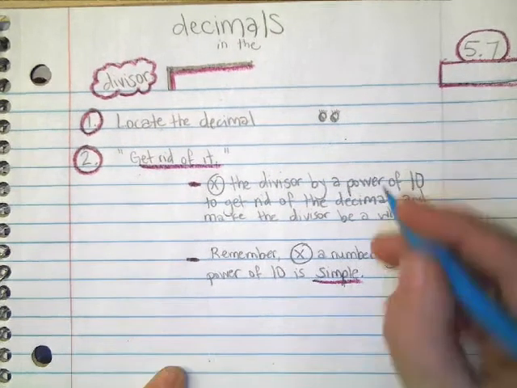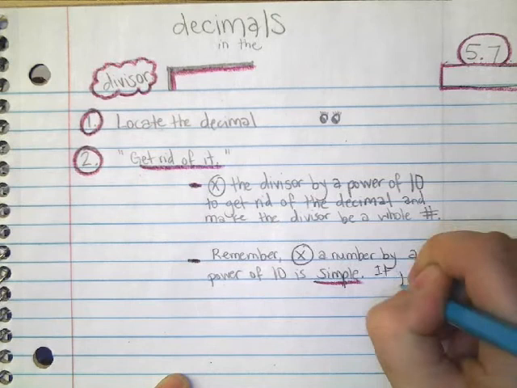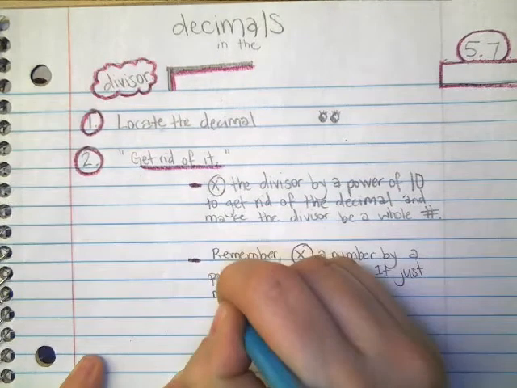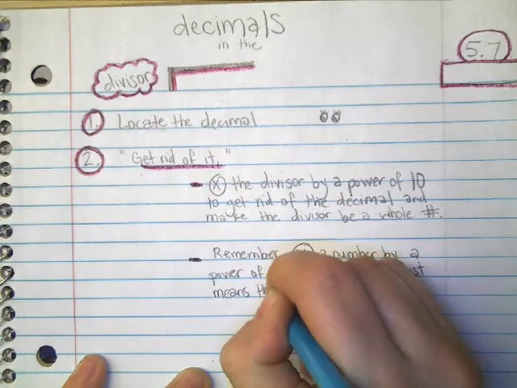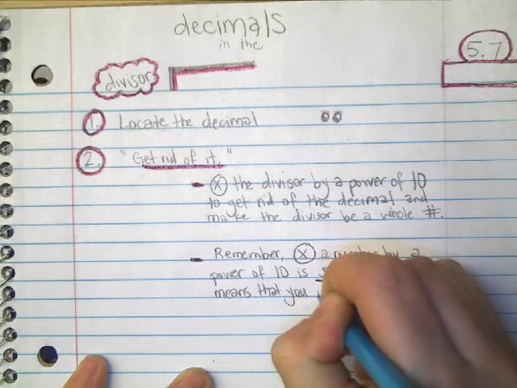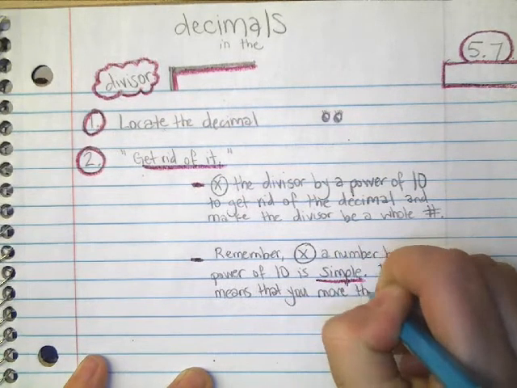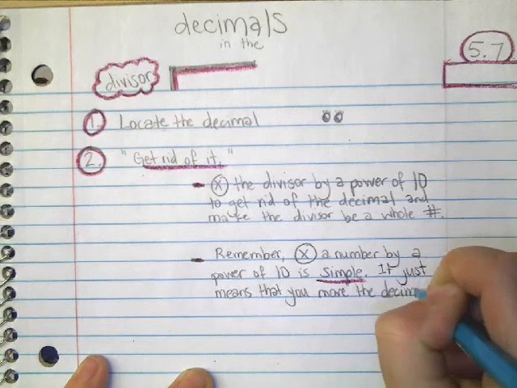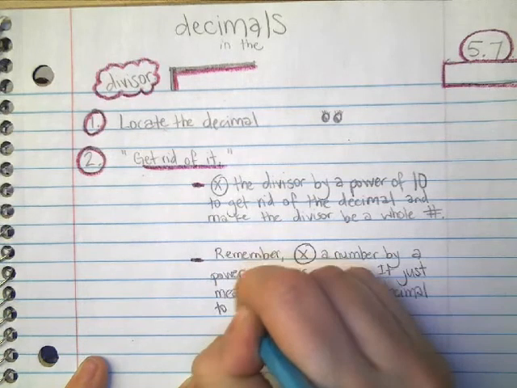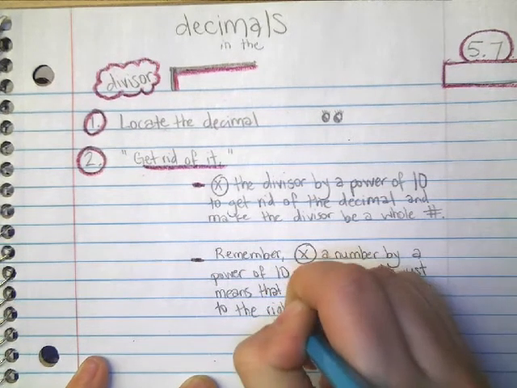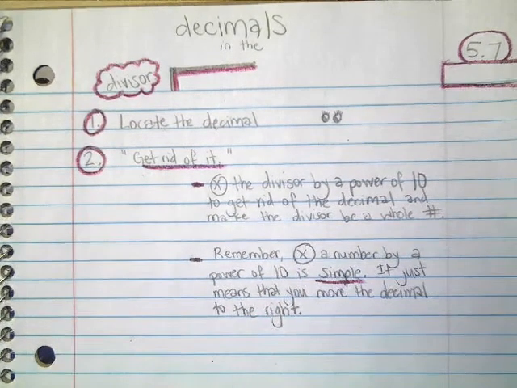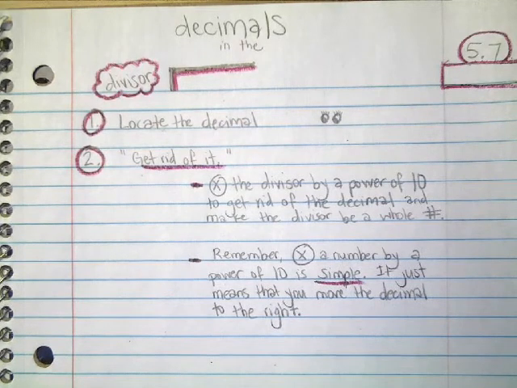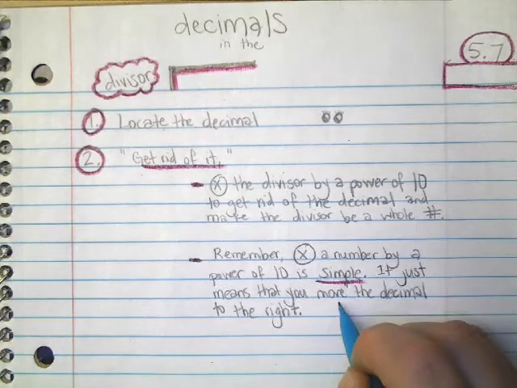It just means you move the decimal to the right. And how many times do you move that? Well, it depends on the power of 10, the exponent, right? Multiplying a number by a power of 10 is simple. It just means that you move the decimal to the right.